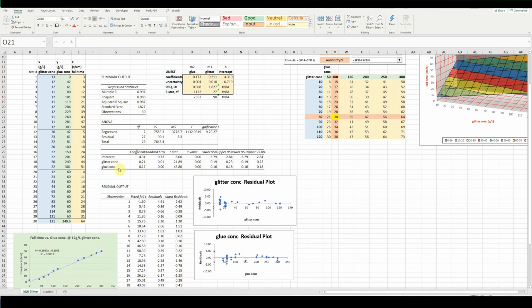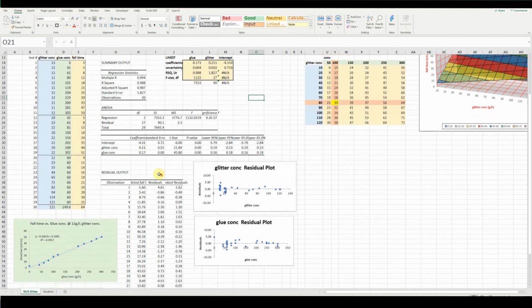And in LINEST, they present in reverse order: glue, glitter, and intercept. So be careful here. LINEST does not label these; the labels I've put in. And so it can be difficult in multiple regression, since we're not really plotting and getting the equation of a line on a plot. And for this reason, I kind of like Analysis Toolpak as it labels it for me, so it's very clear as to what coefficient belongs to what variable.